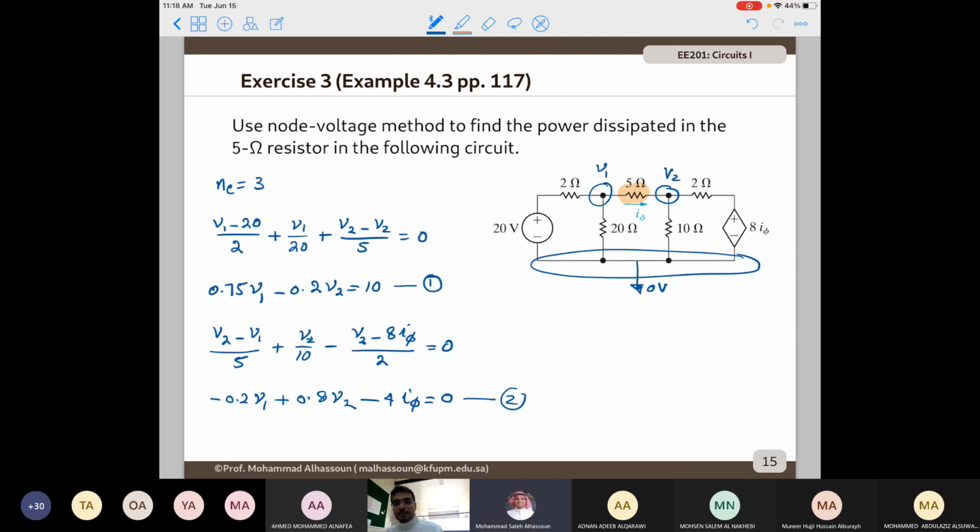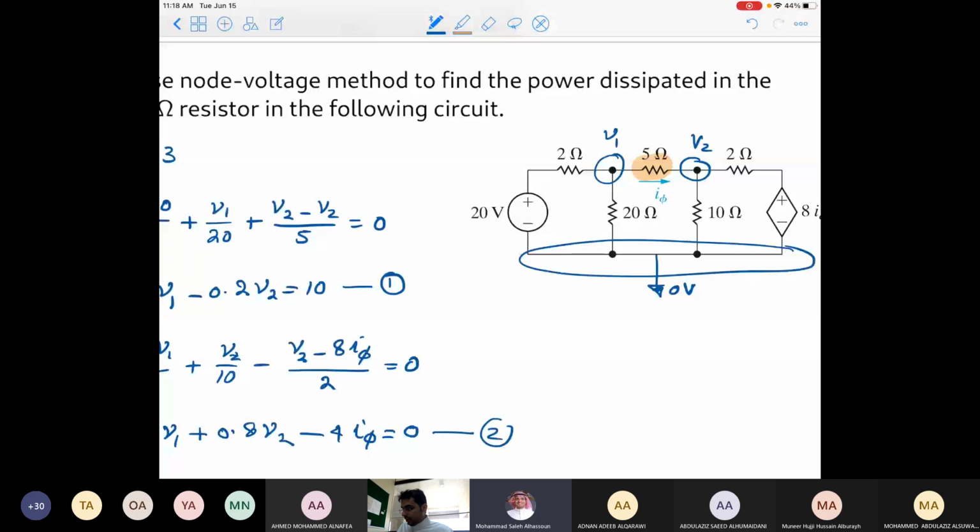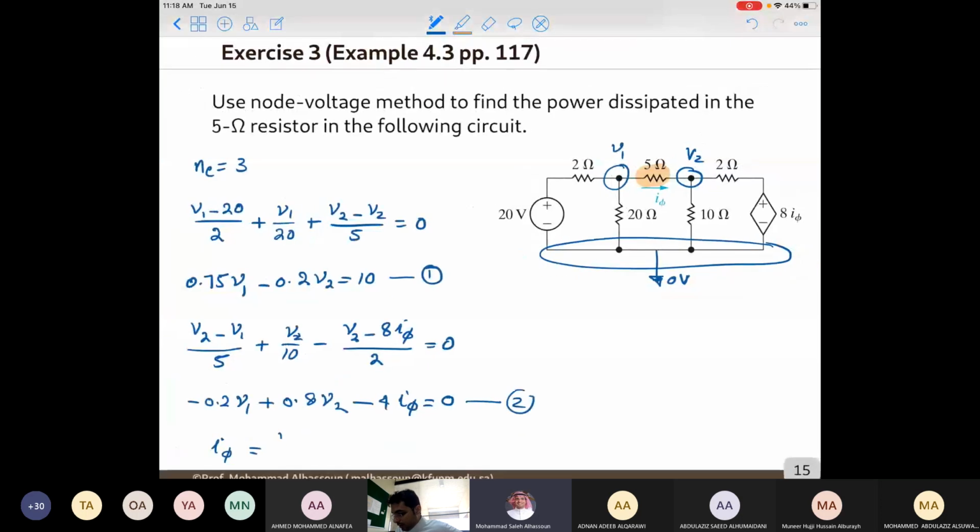For the equation, V1 is equal to 10 plus 0.2 of V2 over 0.75. Now I phi, from the definition of I phi and Ohm's law, will be V1 minus V2 divided by 5.